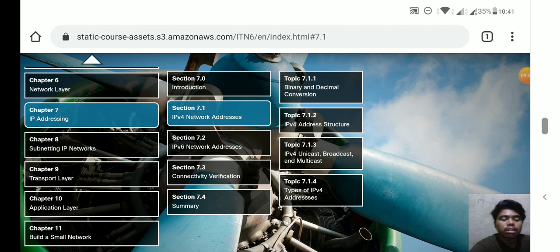Then let's try it. Then global unicast. These are globally unique, internet routable addresses, same as public addresses. And link local depends on how many hosts will be used.